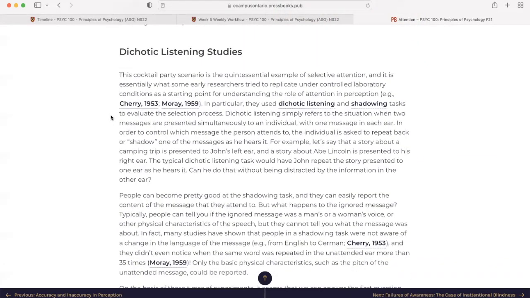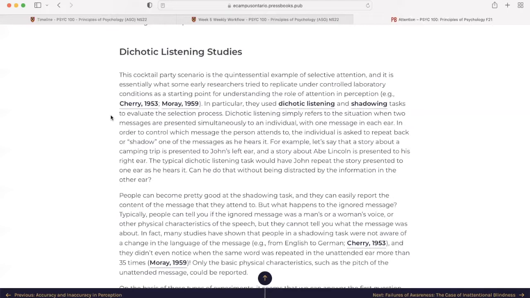Dichotic listening studies. This cocktail party scenario is a quintessential example of selective attention, and it is essentially what some early researchers tried to replicate under controlled laboratory conditions as a starting point for understanding the role of attention in perception. In particular, they used dichotic listening and shadowing tasks to evaluate the selection process.